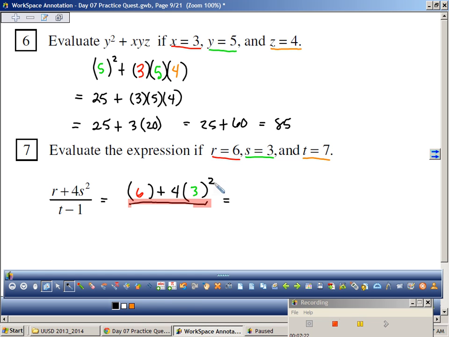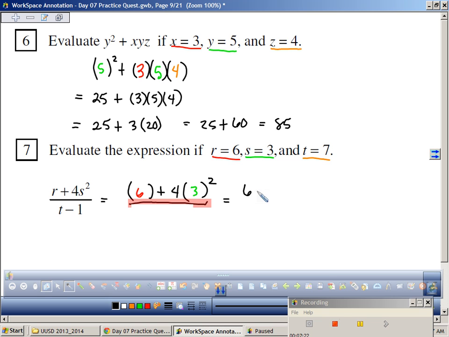So 3 squared is 9. So I'm going to recopy 6 plus 4 times 9. I'm just going to ignore the denominator right now. Let's keep going. What's next? 9 times 4. So 6 plus, what's 9 times 4? 36. Keep going. What's 6 plus 36? 42.